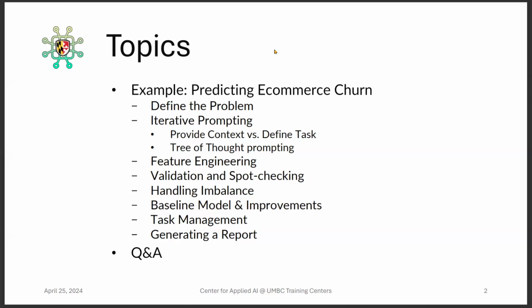And since we're using a tool like ChatGPT, I'll give some tips and tricks about how we validate the code that is being created by ChatGPT, and how we spot check and make sure there are no errors, because we're using ChatGPT to create a lot of code for us, but as we all know, it's not necessarily 100% correct.